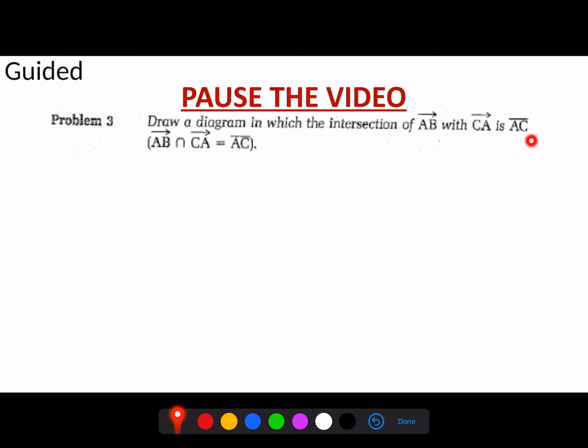All right, so for problem 3, we're going to draw a diagram in which the intersection of ray AB with ray CA is line segment AC. So this one's a little bit confusing, but I start off by drawing ray AB. So here's AB. I'll go ahead and put B right over here.